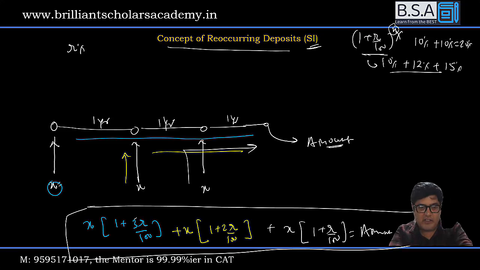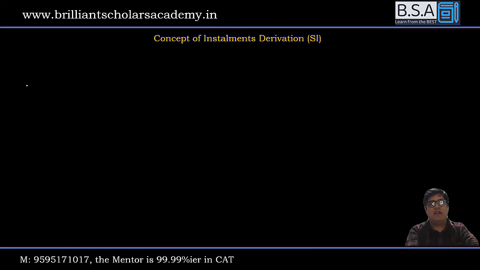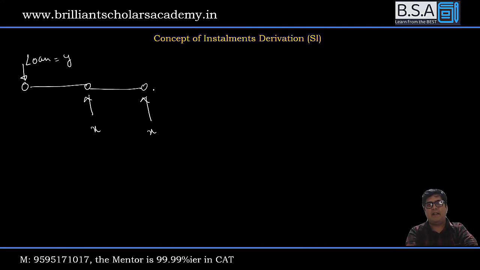So let me cover the installment formula. You'll find it to be easier. Here, please observe. If right now somebody takes a loan of Y rupees, and it is paid back in installments of X, and X. And here we say the payment is done.